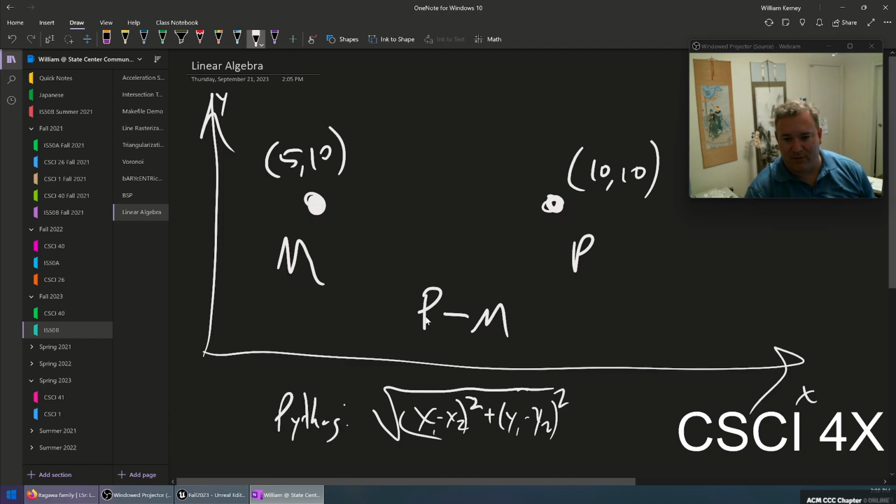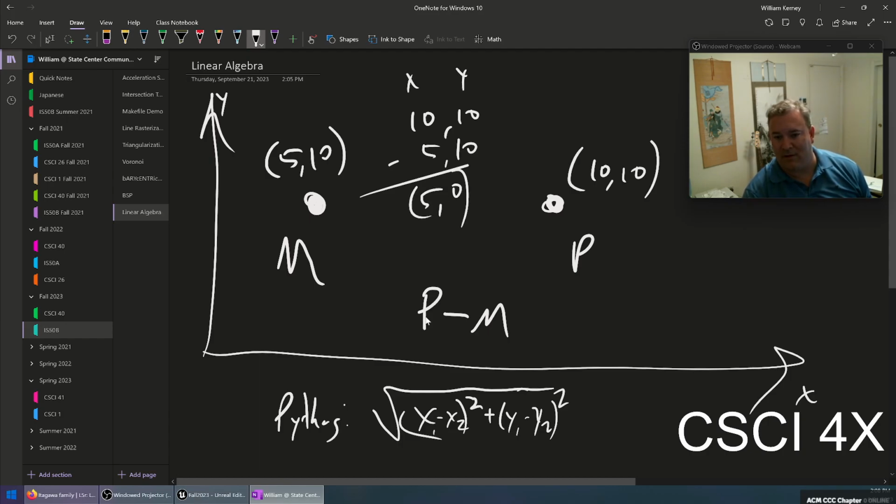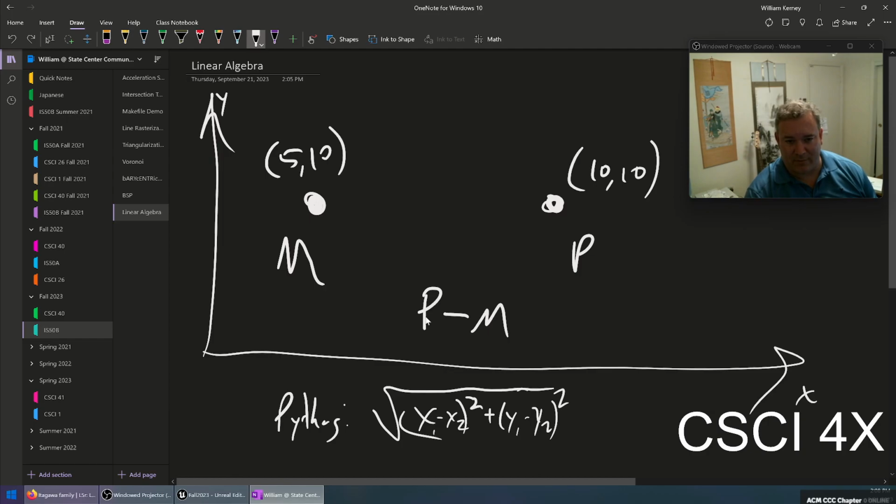So what you can do is subtract the difference of the locations, and that is 10, 10 minus 5, 10. Whenever you do vector subtraction, you just subtract out the x components and the y components separately, and you end up with a vector of 5, 0. That 5, 0 vector is what's called a displacement vector.